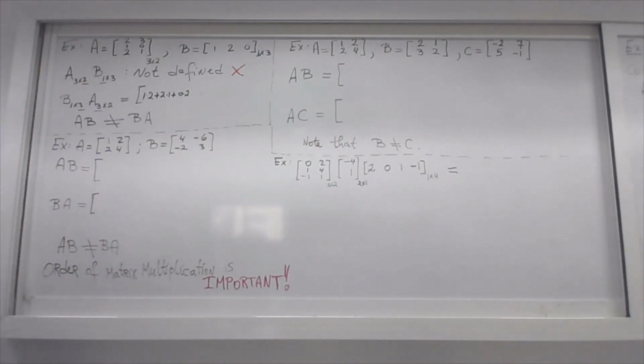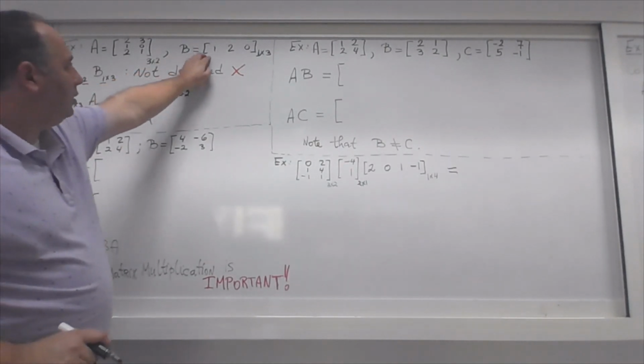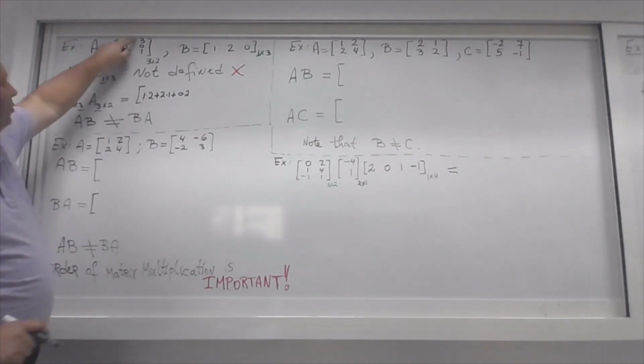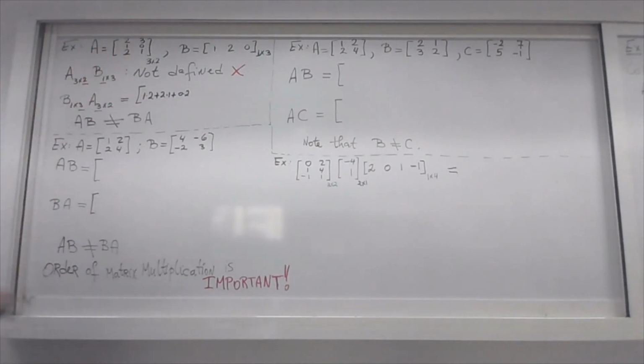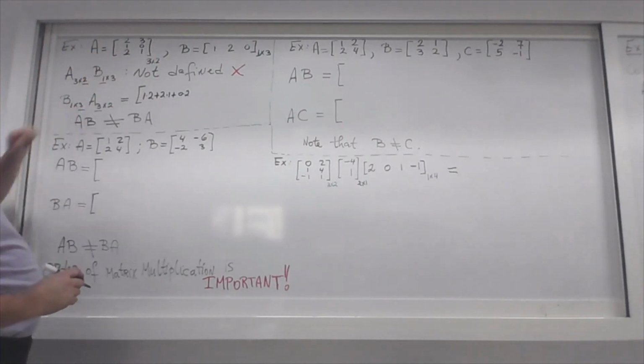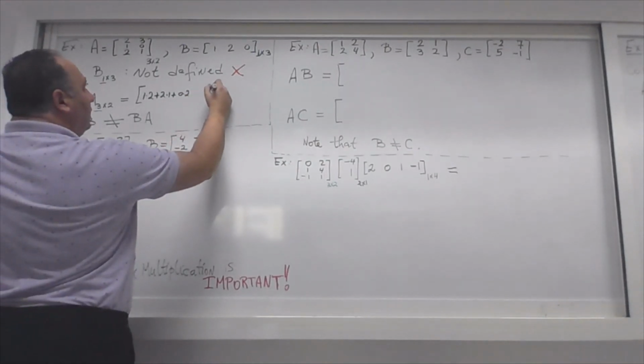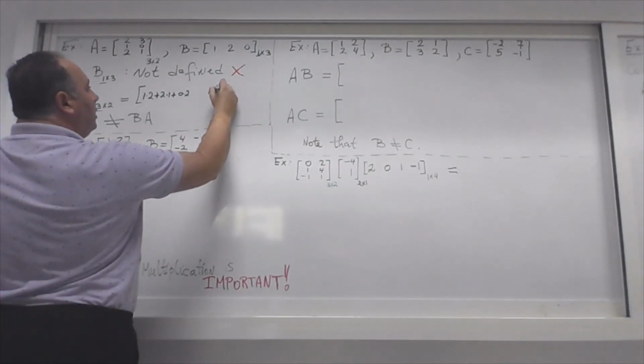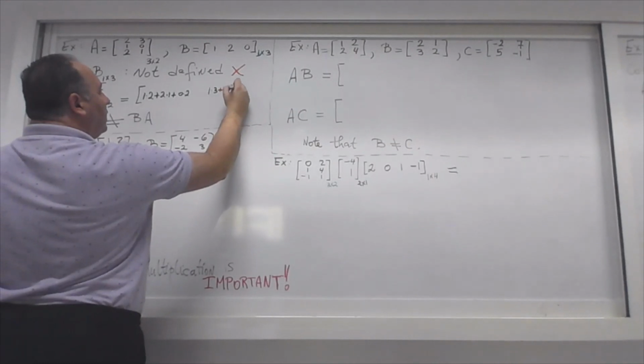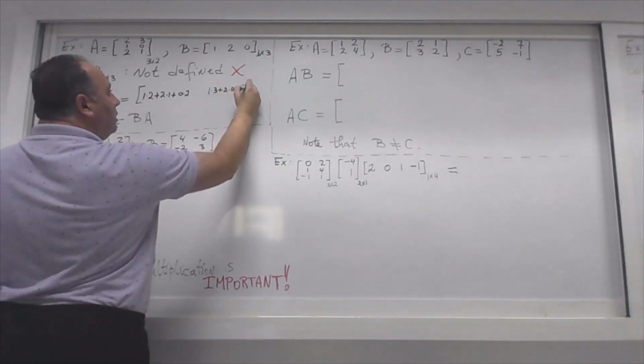That's entry 1,1. For entry 1,2, I need to take row 1 from B, dot product with column 2 from A, because I'm doing the product B times A. 1 times 3 plus 2 times 0 plus 0 times 1.